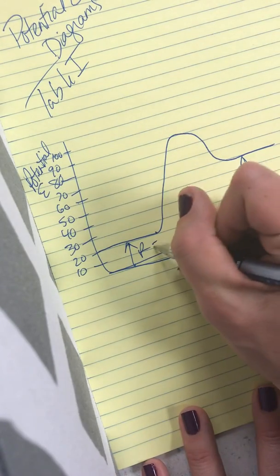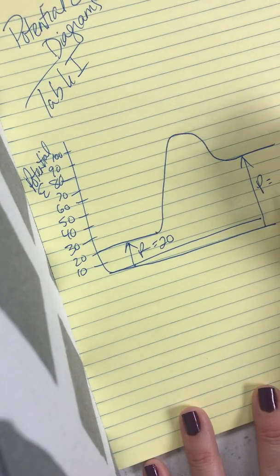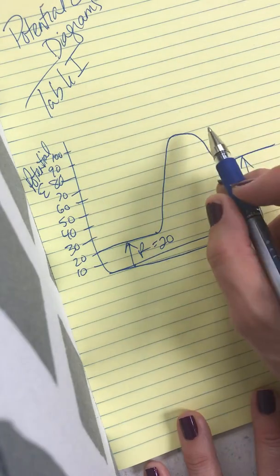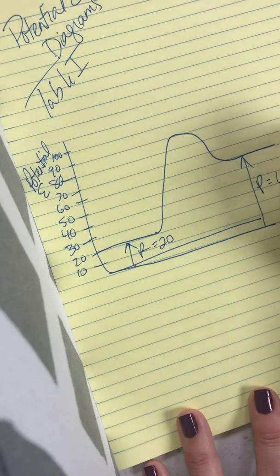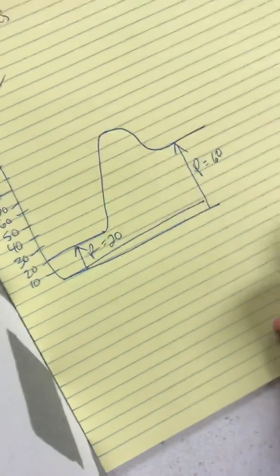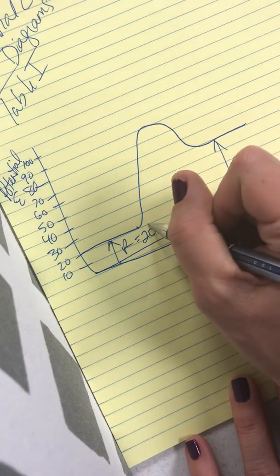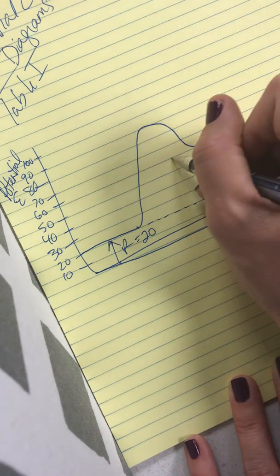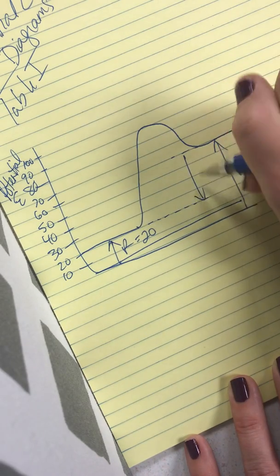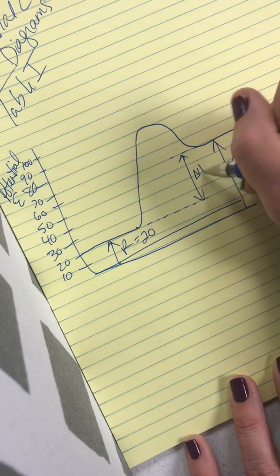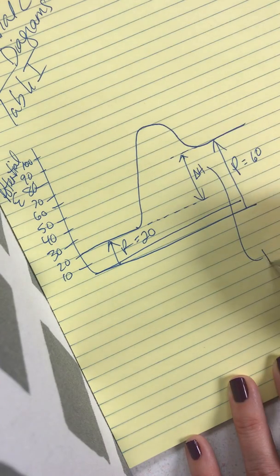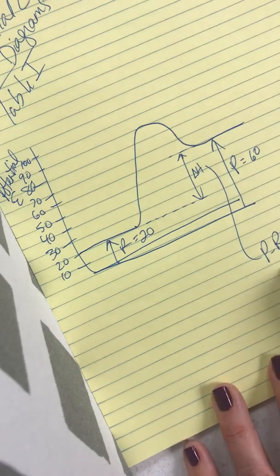So my reactants have an energy of 20. My products have an energy of, where did I go to, 60. All right, so I can calculate, first of all, my delta H. Delta H is equal to P minus R. The difference between where you end and where you start is equal to the heat of the reaction.